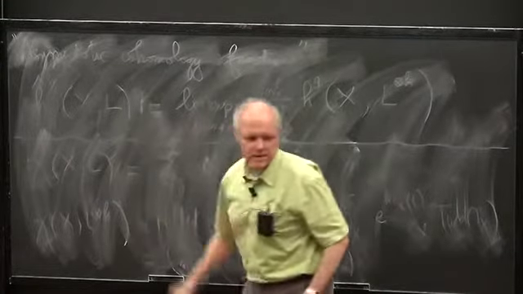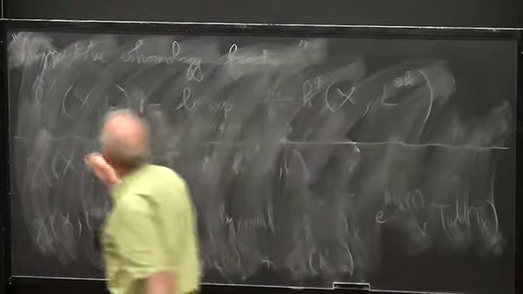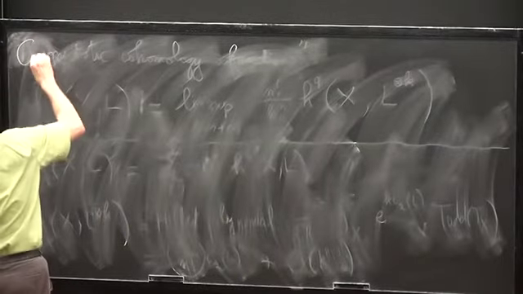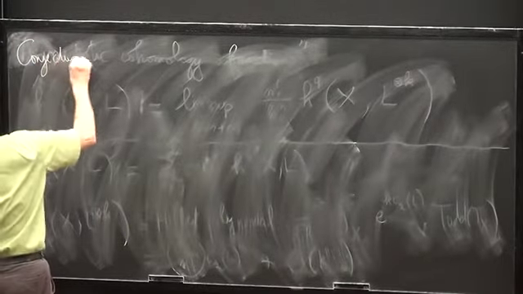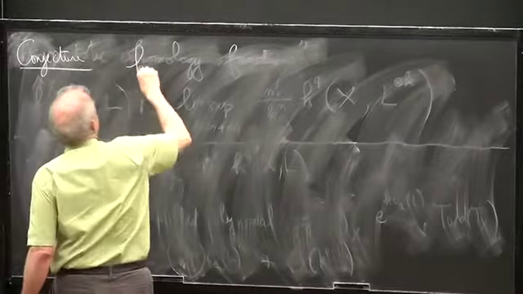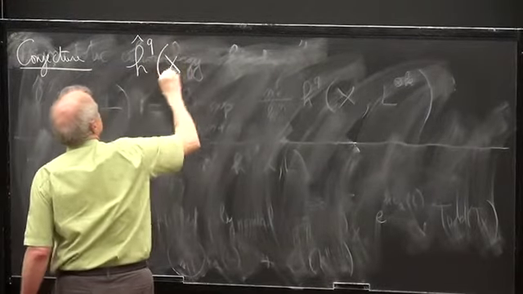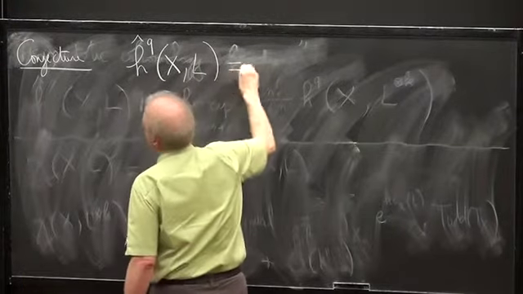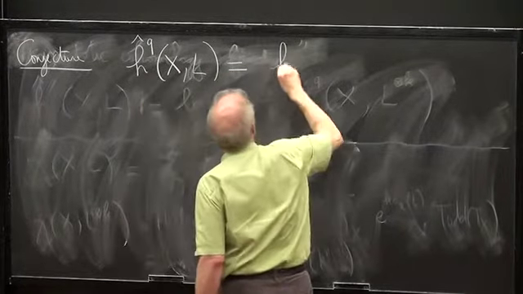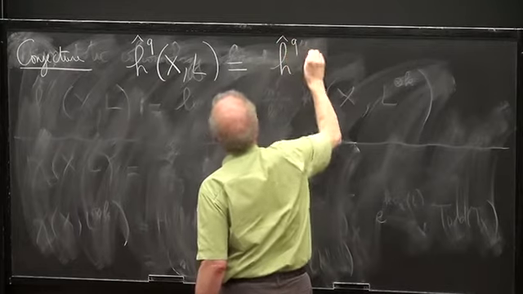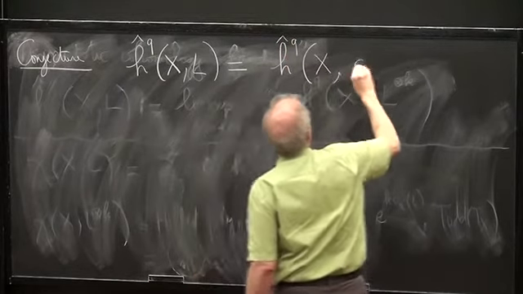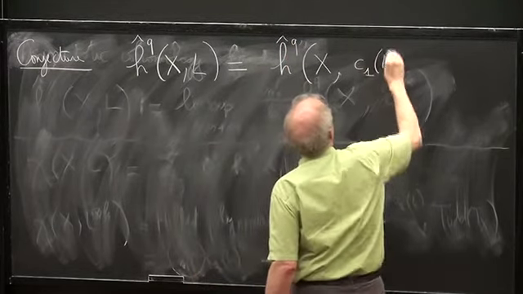So maybe I can state this as a conjecture. So the h^q, which I defined earlier, actually is purely numerical and depends only on the first Chern class c_1 of L.